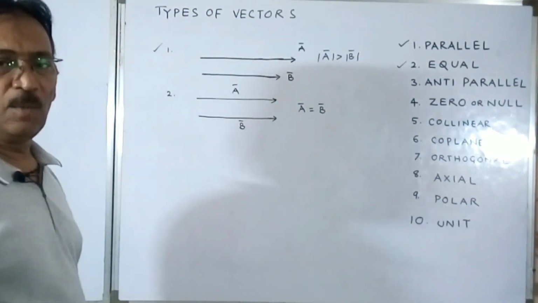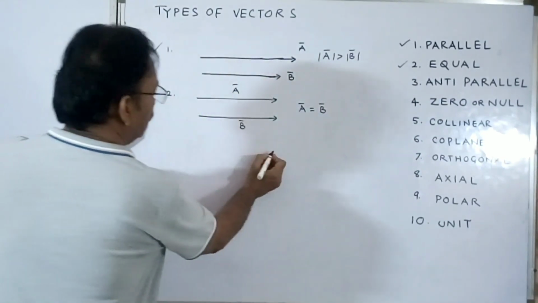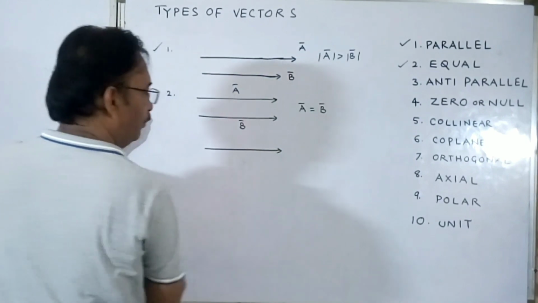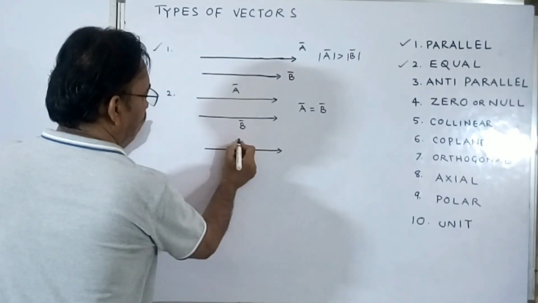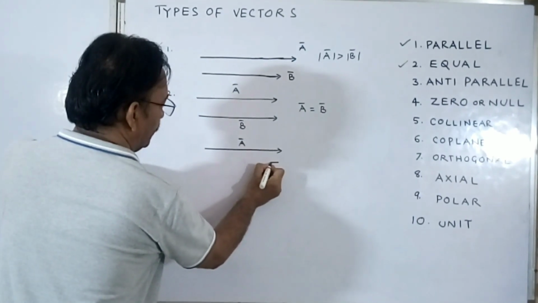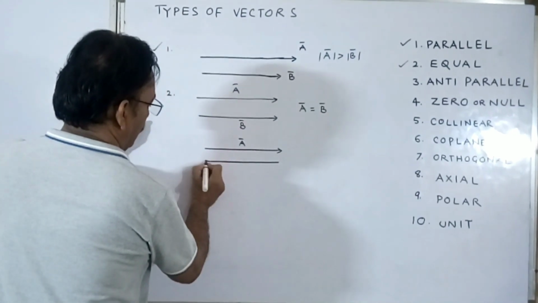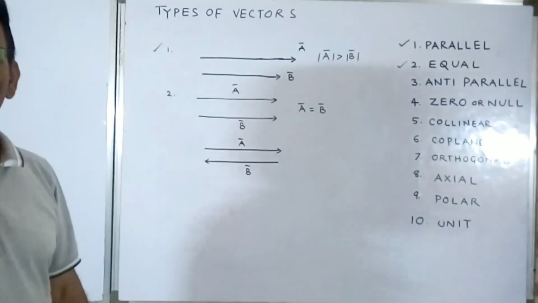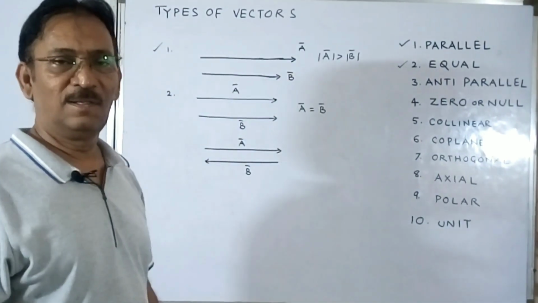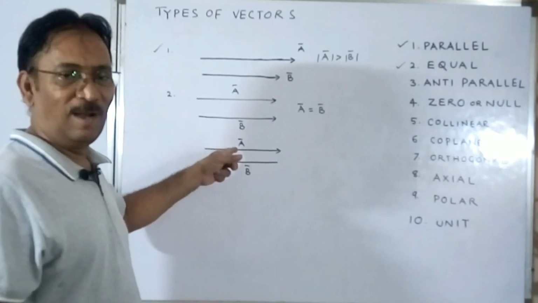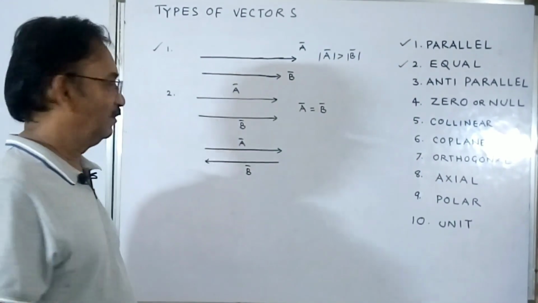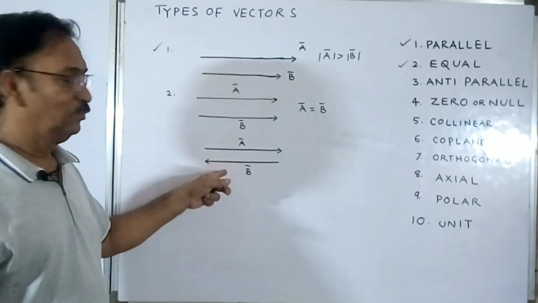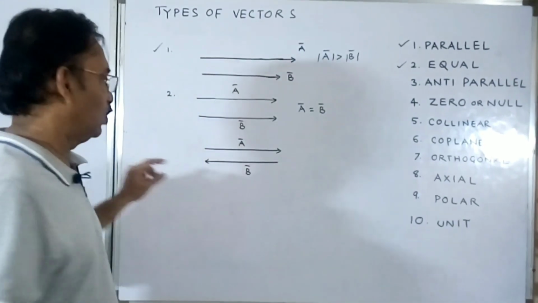Then after parallel and equal, we have to think about the antiparallel. Let's say it's a vector we named A bar, and I drew one more vector. These vectors are said to be antiparallel. What does it mean? The angle between the two is equal to how much? 180 degrees.